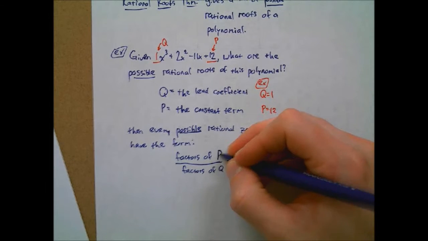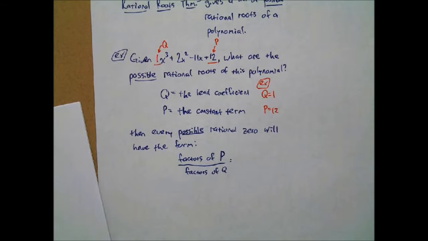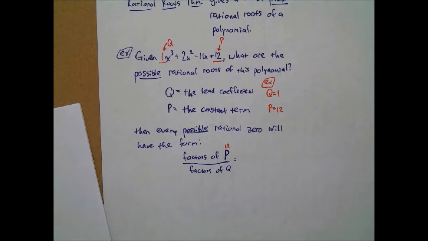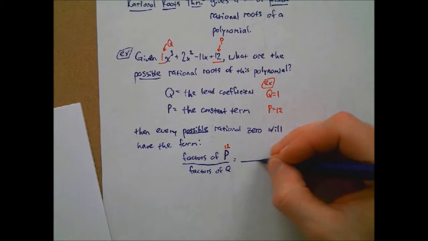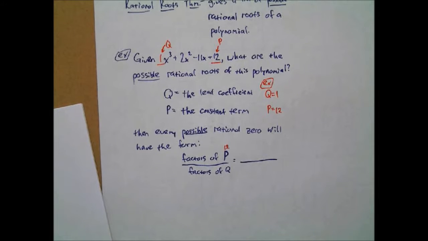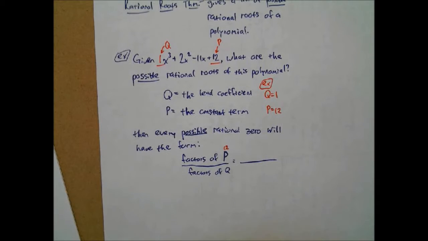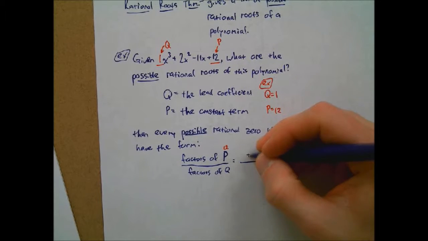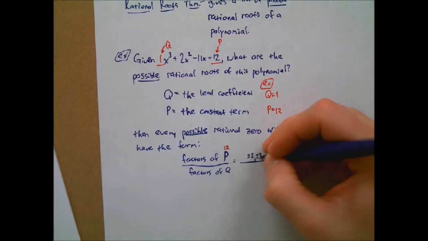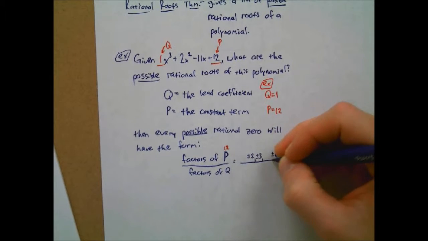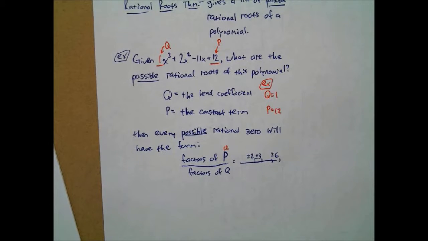So let's talk about our factors of p then. So p is 12. What numbers divide 12? What numbers are factors of 12? Okay, 6 and 2. 3 does. What else? And I heard 6 as well. What else? 4.